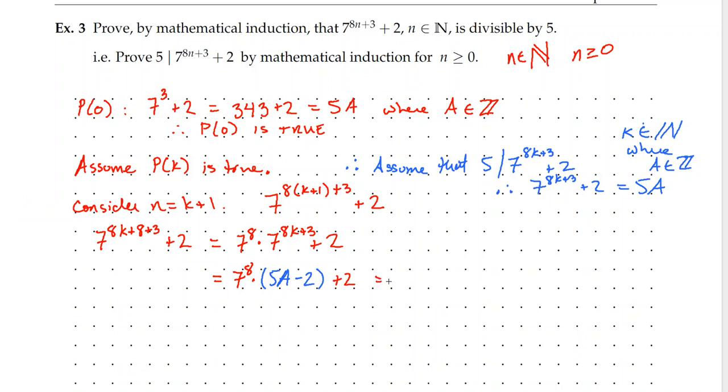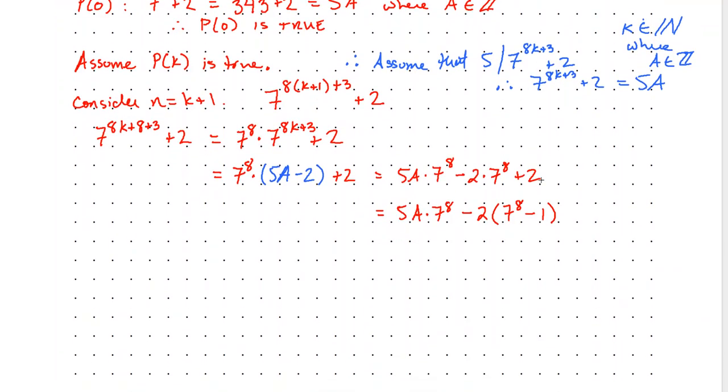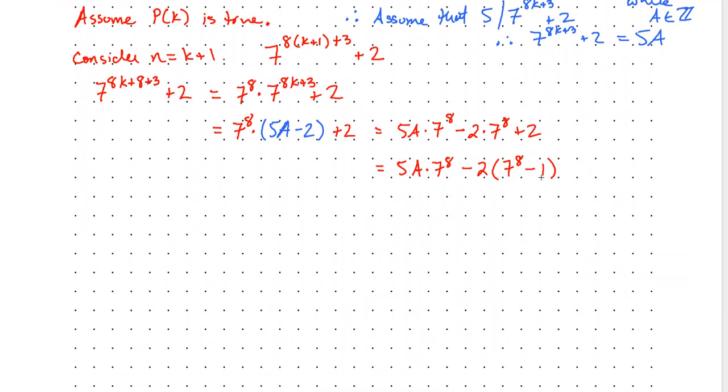Really this is 5a times 7^8, minus 2 times 7^8, plus 2, which is 5a times 7^8, minus 2 times (7^8 minus 1). Now, I don't think many people are comfortable doing 7^8 in their head.